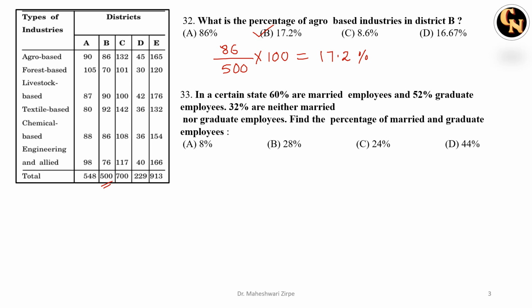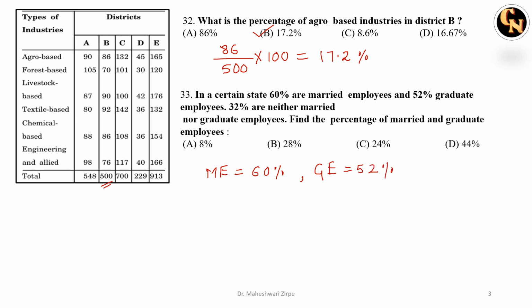Now question number 33 is not based on this table. It is a different question. In a certain state, 60% are married employees. So what they are saying, married employed are 60%. Let me write it as ME, married employees, 60%. Then 52% are graduate employees, so the given data is graduate employees are 52%.